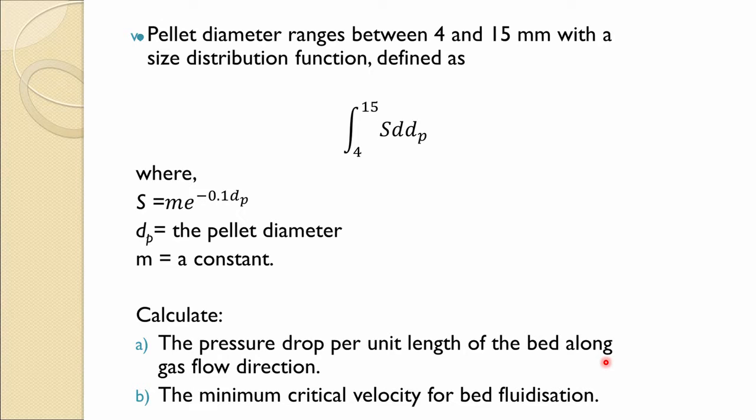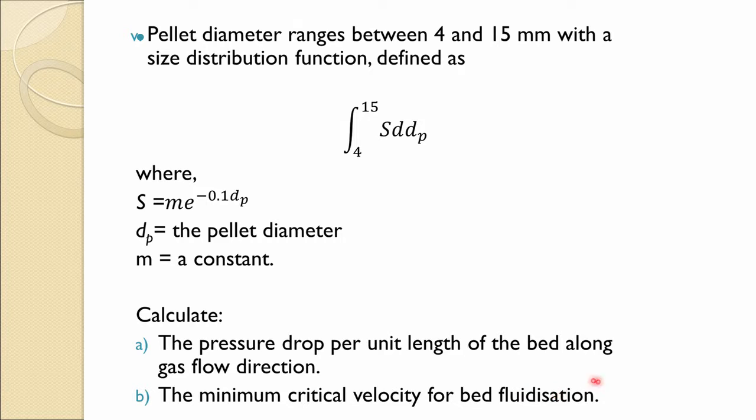The pellet diameter ranges between 4 and 15 millimeters with a size distribution function defined as given below, where S is represented by this function, dP is the pellet diameter and m is a constant. One has to calculate the pressure drop per unit length of the bed along the gas flow direction and the minimum critical velocity for bed fluidization.